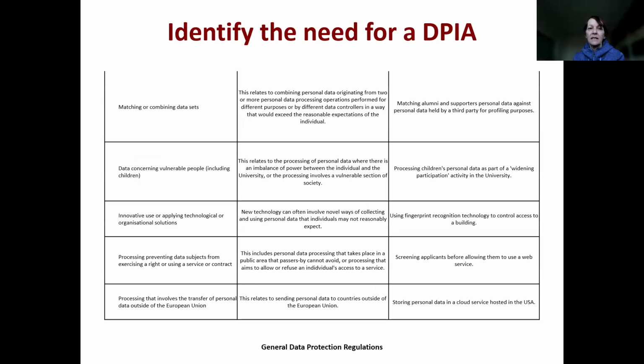Matching or combining data sets. There's an awful lot of talk in relation to anonymization and pseudonymization, but if I can remind you, the definition of personal information is where an individual is identified or identifiable.